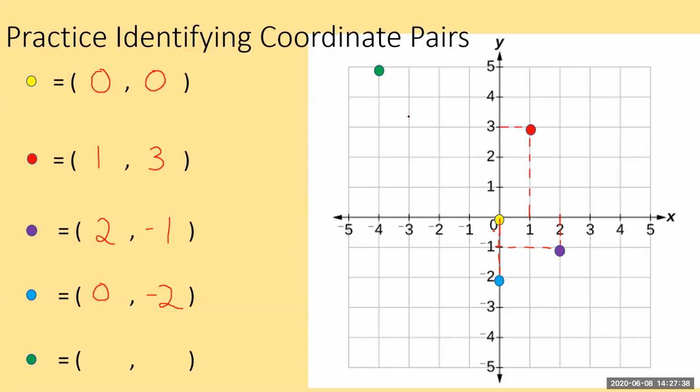And then finally, our green point is lined up with -4 on the x-axis and is lined up with 5 on the y-axis. So the coordinates will be (-4, 5).